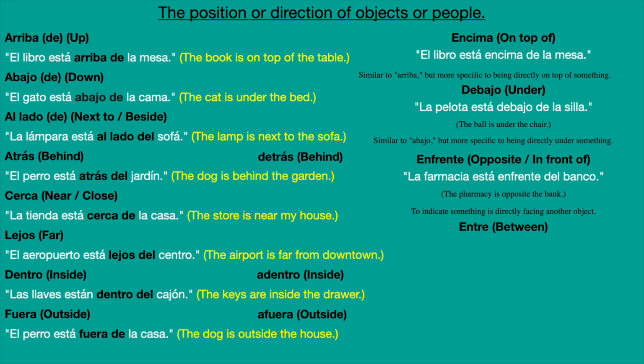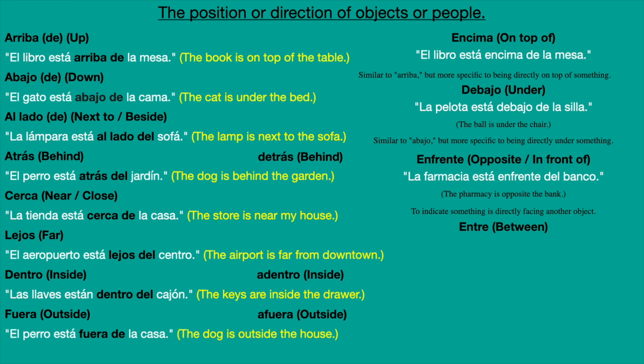What I mean by enfrente is that you know there is one object in front of another object. So you say enfrente del banco to indicate something that is directly facing another object.